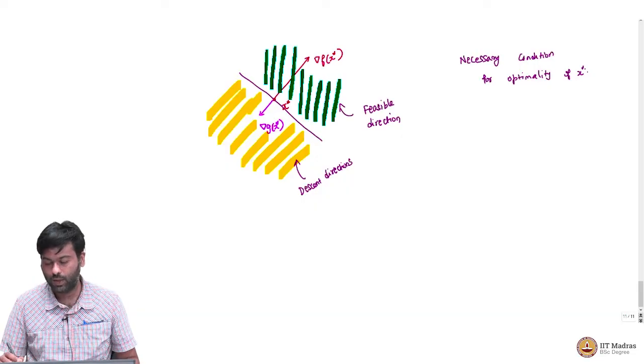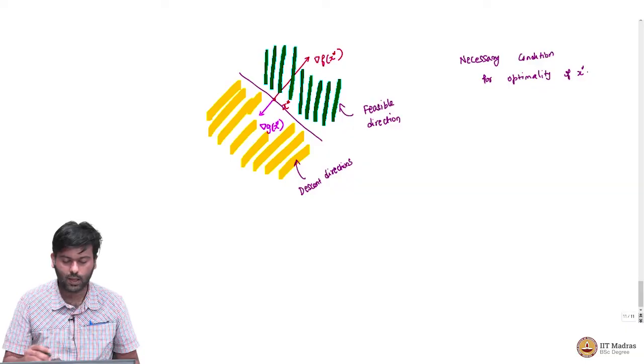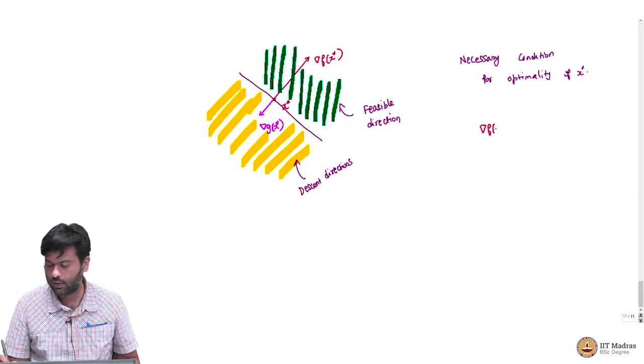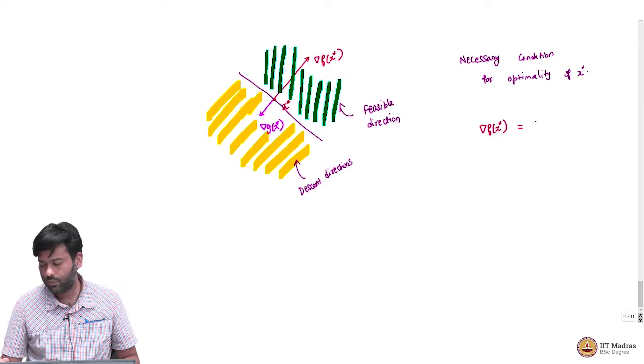How can I make it precise in a simple formula? Well, I can say that del f of x star equals minus lambda times del g of x star, where this lambda is a positive scalar.